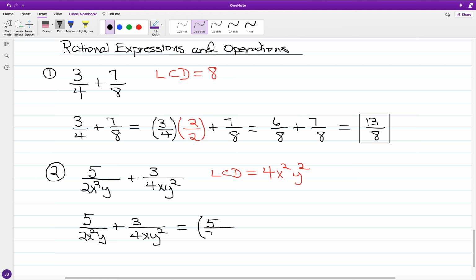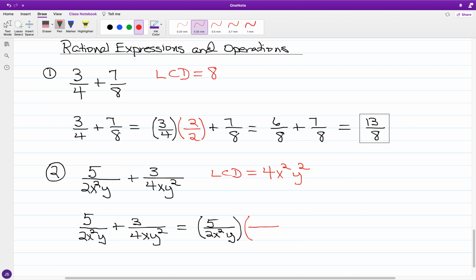Okay, so you have 5 over 2x squared y. And I'm going to put this in terms of least common denominator. So I'm going to multiply by 1. So I'm going to have the same terms in both the numerator and denominator.